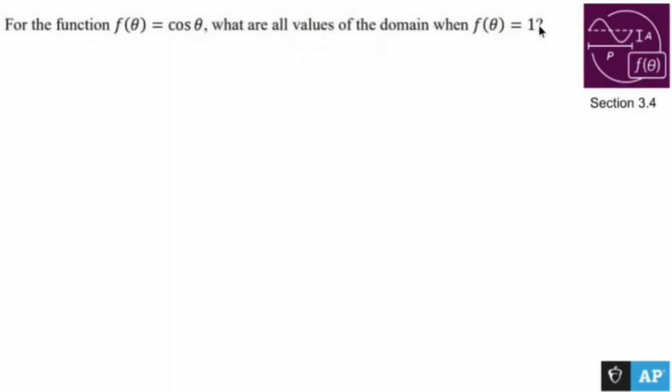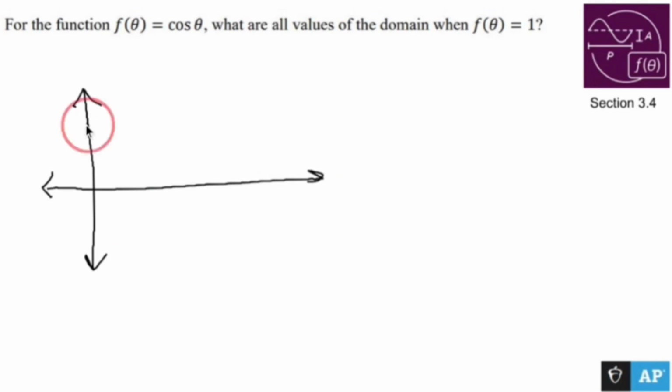For the function f of theta equals cos theta, what are all values of the domain when f of theta equals 1? All right, so let's take a look at what cos theta looks like. We're now in section 3-4, so we know what sine and cosine look like graphically. Cosine starts up here at 1, crosses at 1/2 pi, bottoms out at -1 at pi, at 1.5 pi it comes back up, and it peaks at 2 pi.